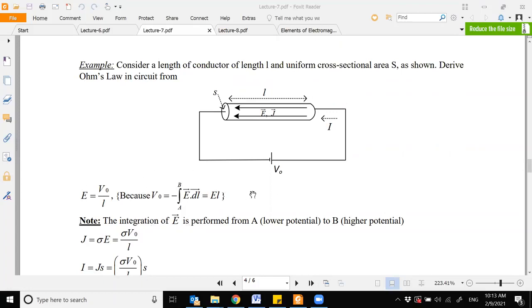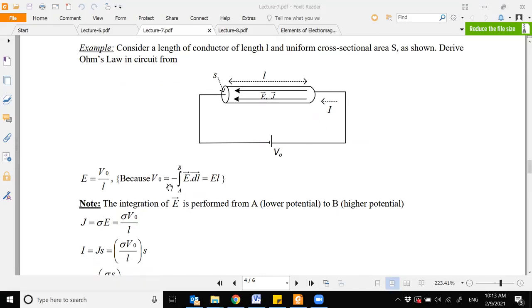What is our V0, which is nothing but the potential difference, that is the potential difference of this point with respect to this point. Looking at the expression that we got for the potential difference, it is equal to minus the integral from A to B, that is point A to point B, of E bar dot dL bar.